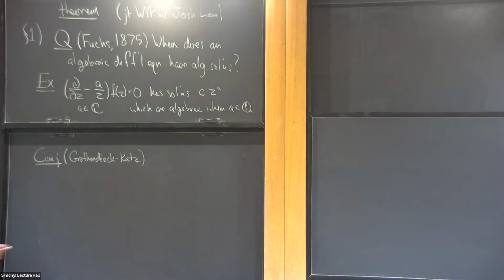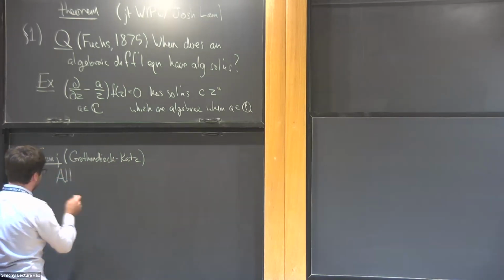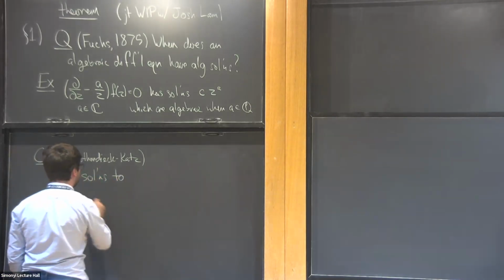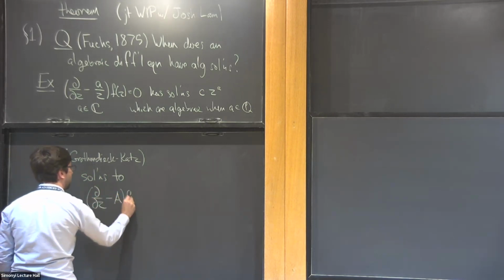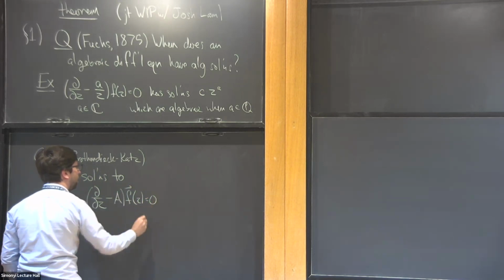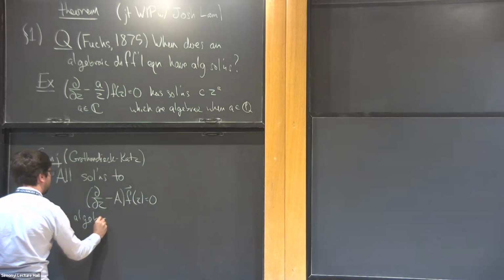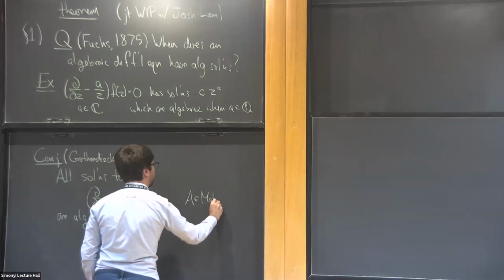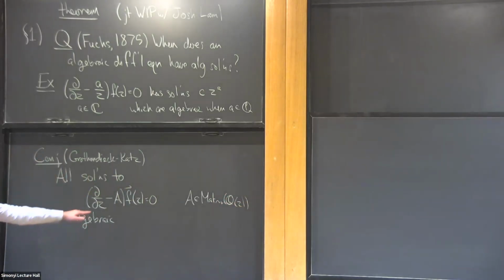Let me state the conjecture in a simple form. Consider the differential equation d/dz minus A applied to F equals 0, where A is a matrix of rational functions with rational coefficients, and F is a vector of holomorphic functions, if you like.